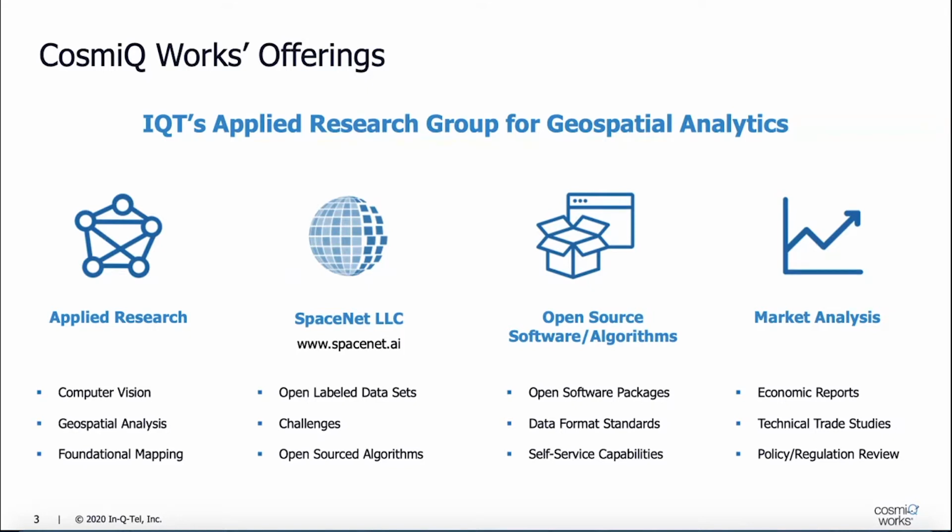We've also created several open source software packages that can be found via our GitHub, the main one being Solaris, to simplify spinning up and creating your own machine learning pipelines using remote sensing data, as well as others focused on road network extraction, object detection, and time series analysis. And last but not least, we also provide market analysis to our partners on the industry.